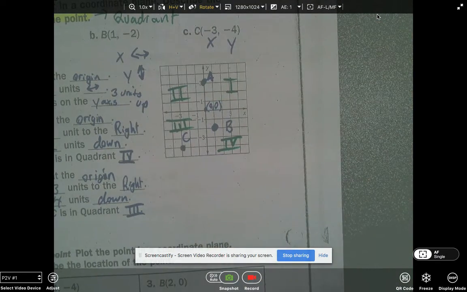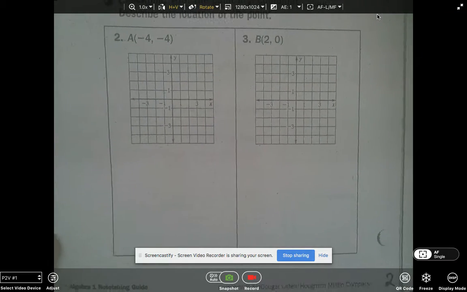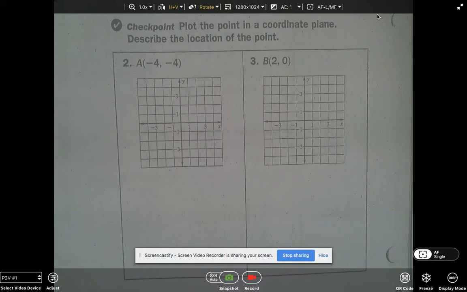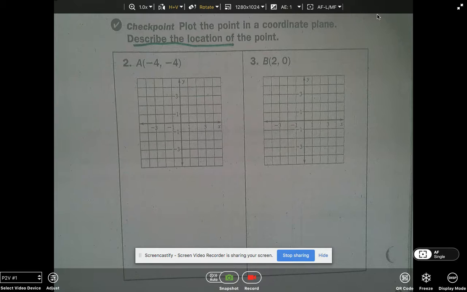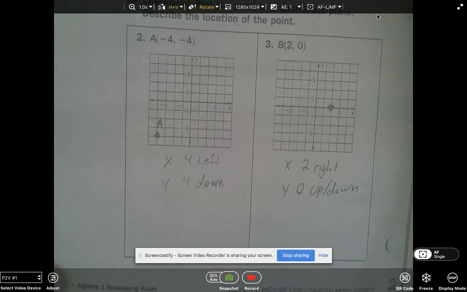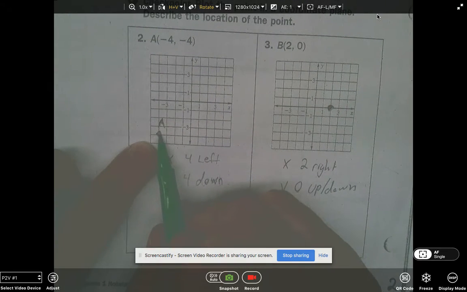All right, I'll pause the video one more time. If you could take a moment to graph these 2 checkpoints. We got -4, -4, and 2, 0. All right, and don't forget to describe the location, which quadrant. So if you did that right, you hopefully have a coordinate here for -4, -4.